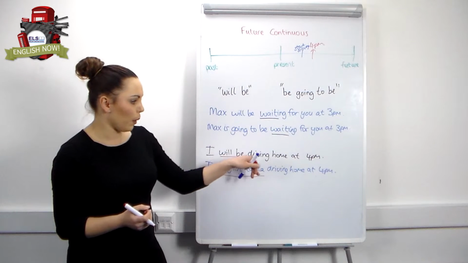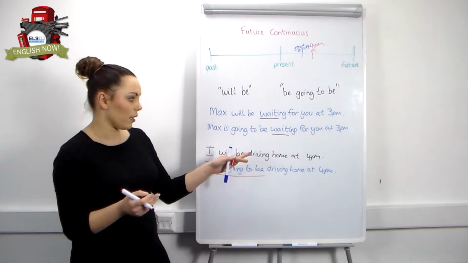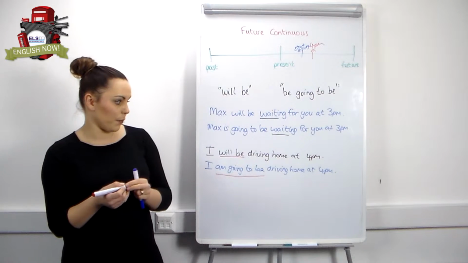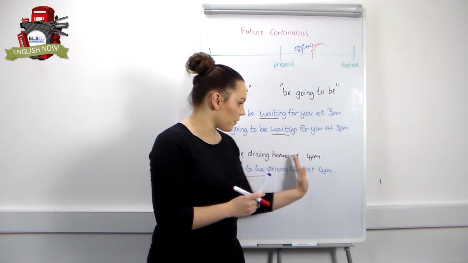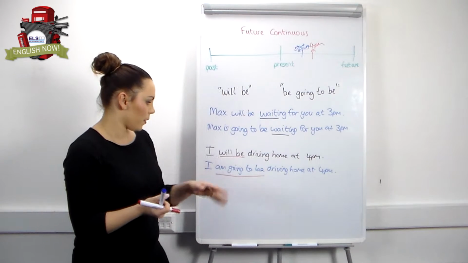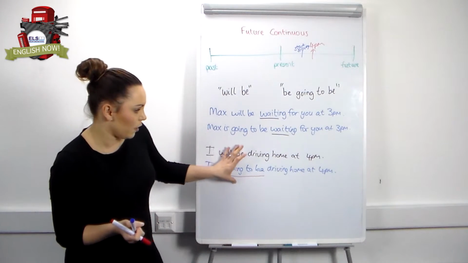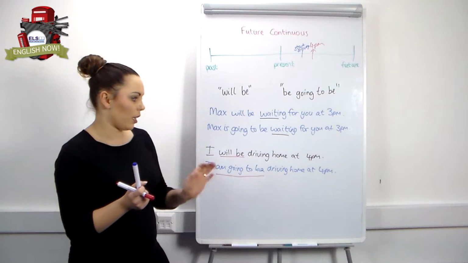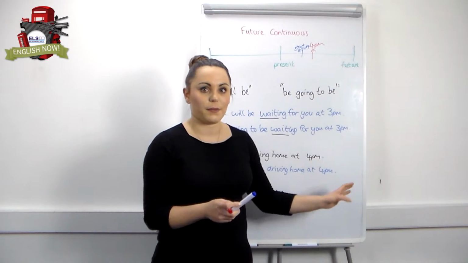If you're not sure why we've taken the E off driving before adding the ing, please watch the present continuous video. And then the rest of the sentence is the same. Subject, future, verb with ing, and the rest of our sentence.